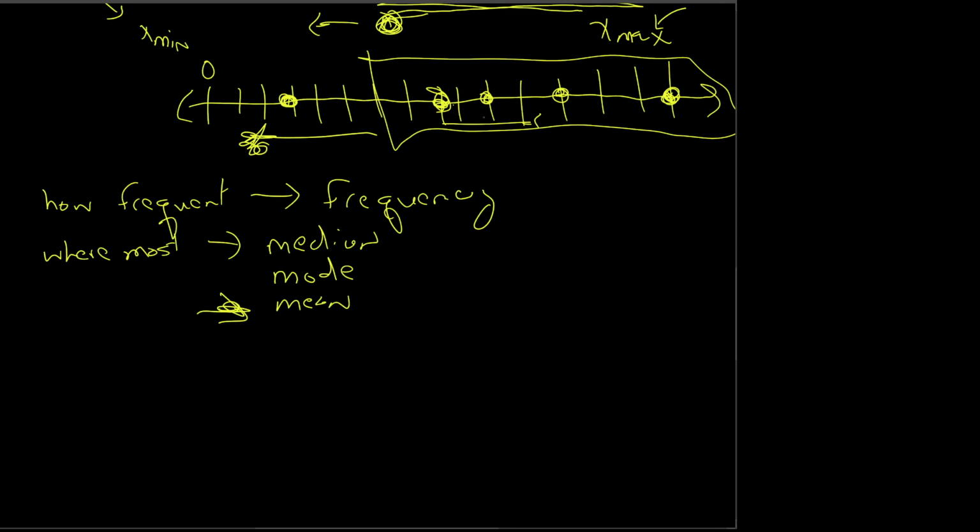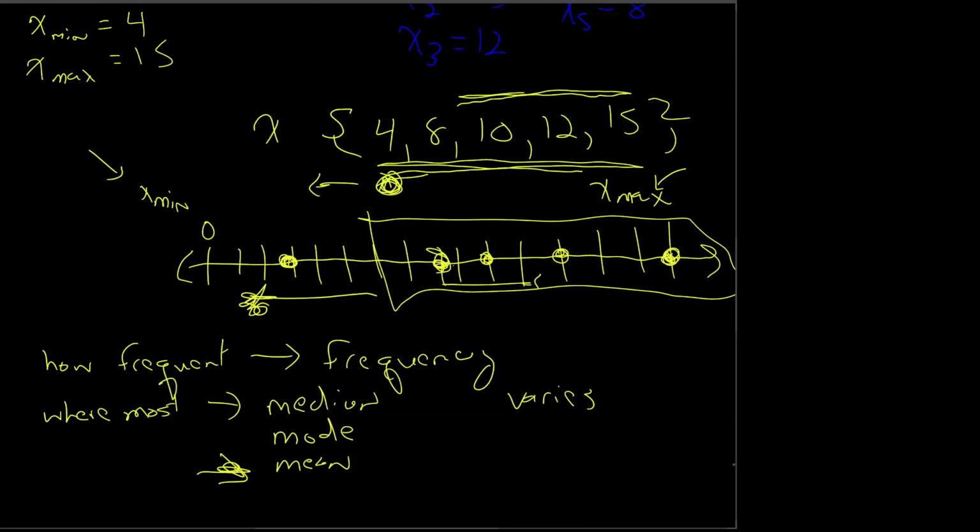And then we want to figure out how bunched up it is, or how it varies, how the data varies. And that's called variance. And so what we're going to do is we're going to borrow geometry. We're going to borrow the rules of geometry, and we're going to turn our data into graphs.